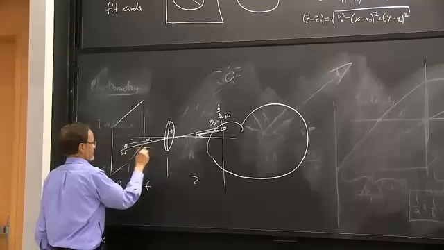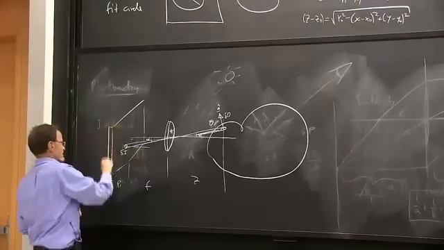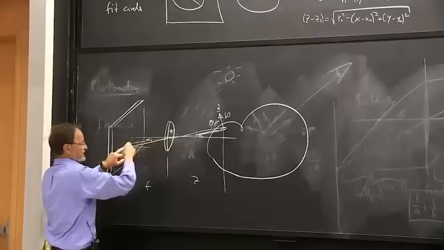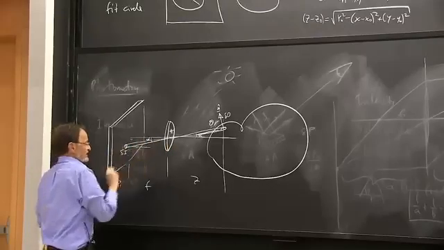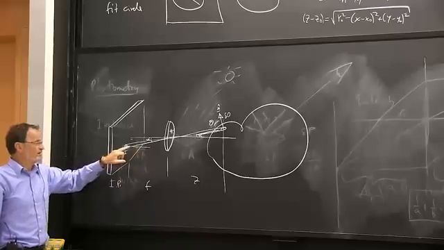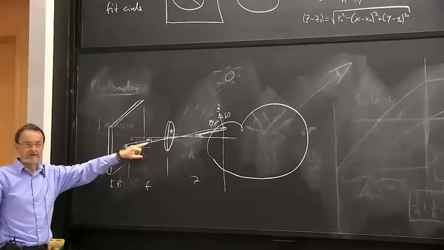Right? If I draw a surface normal to the image plane, then it's not the center of this cone of rays. And what is the angle between the surface normal to the image plane and the incoming rays here?